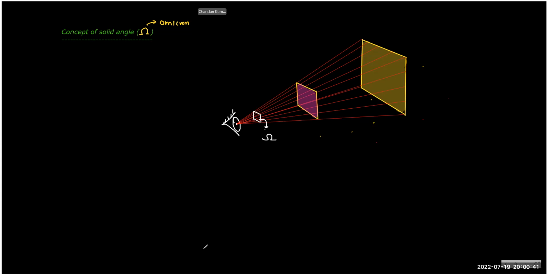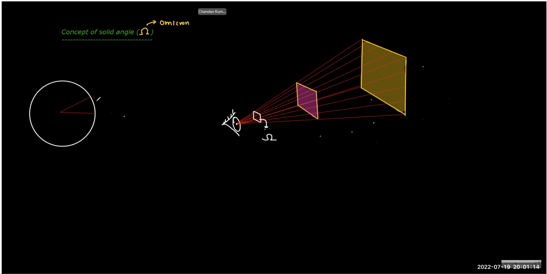Now to measure it, we have to go back to the theory of plane angle, and we'll try to draw some analogy. The definition of plane angle comes from the circle. In a circle, we have something called radius, and we have something called arc length.